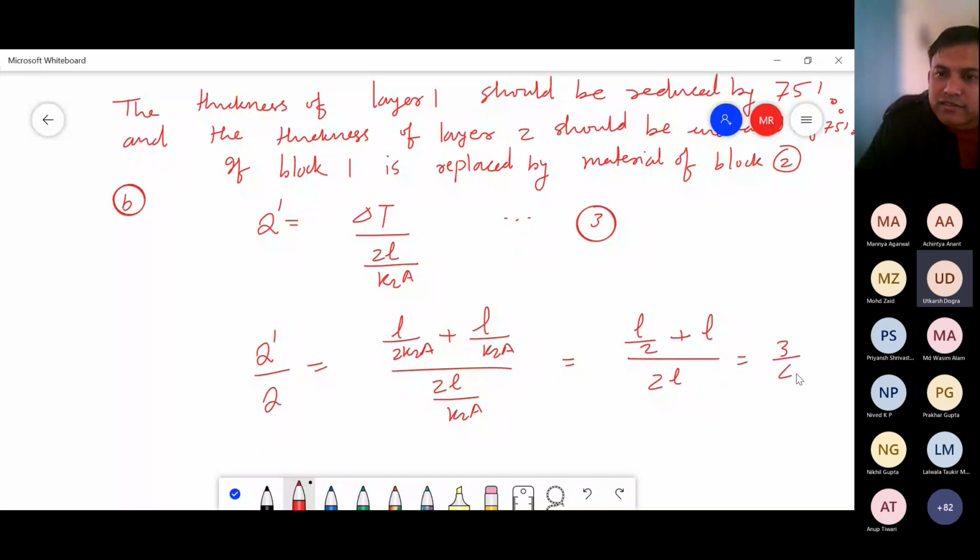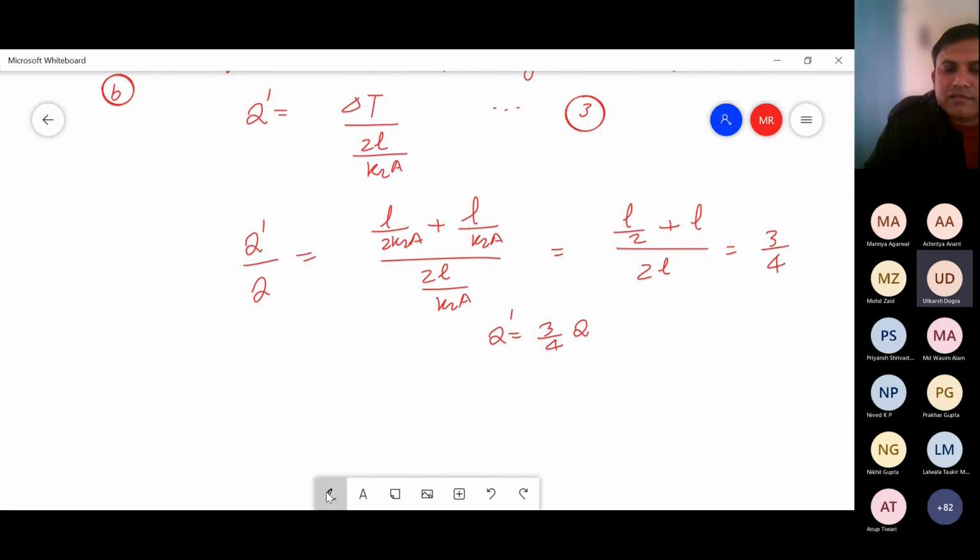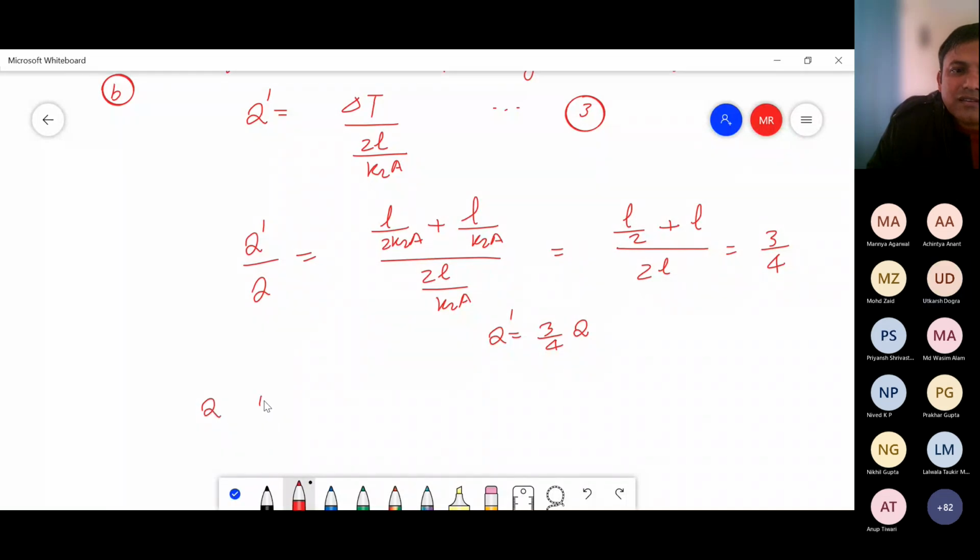So from this equation, Q dash will be 3 by 4 Q. That means Q will be reduced by 25%.